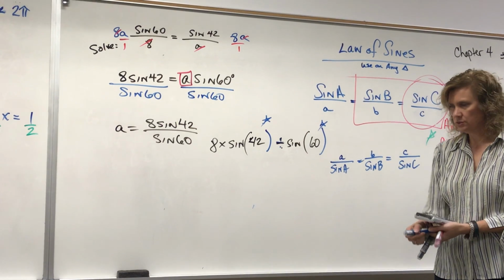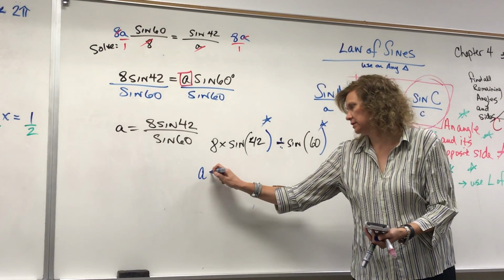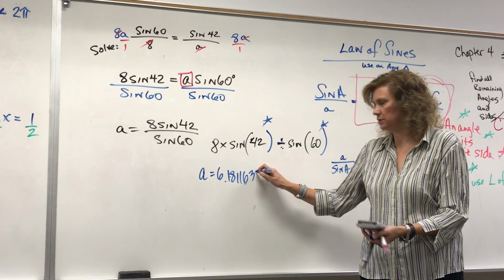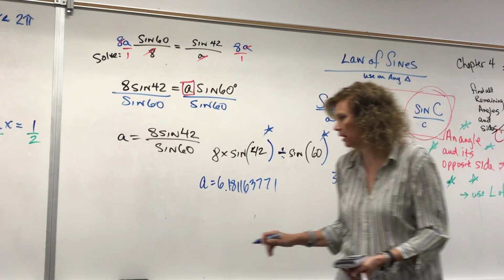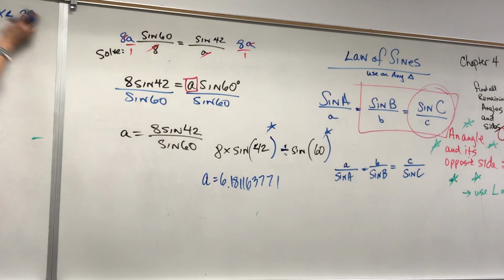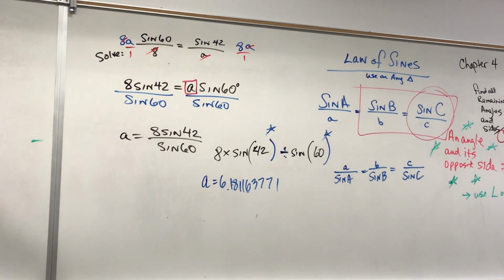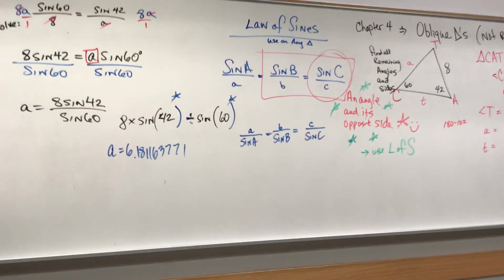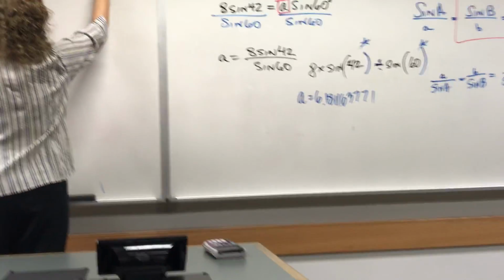All right, so we get A equals 6.181163771. Back in chapter 2, there was a handy-dandy chart on page 140, and it told us our rounding conventions.